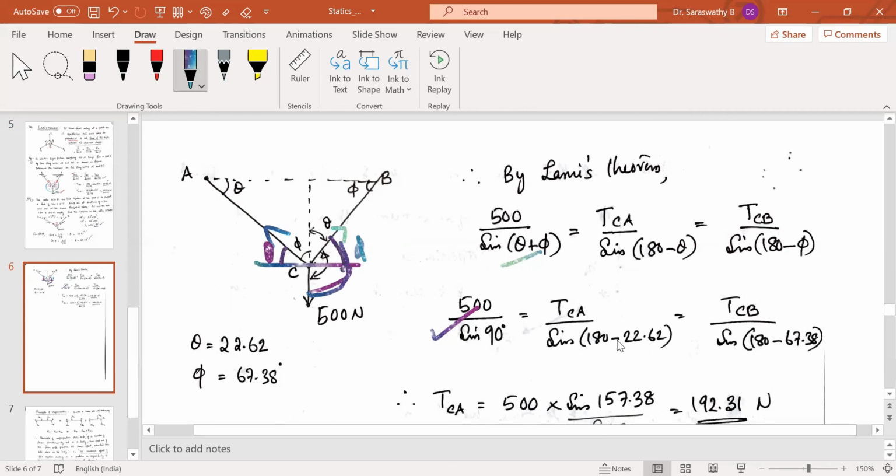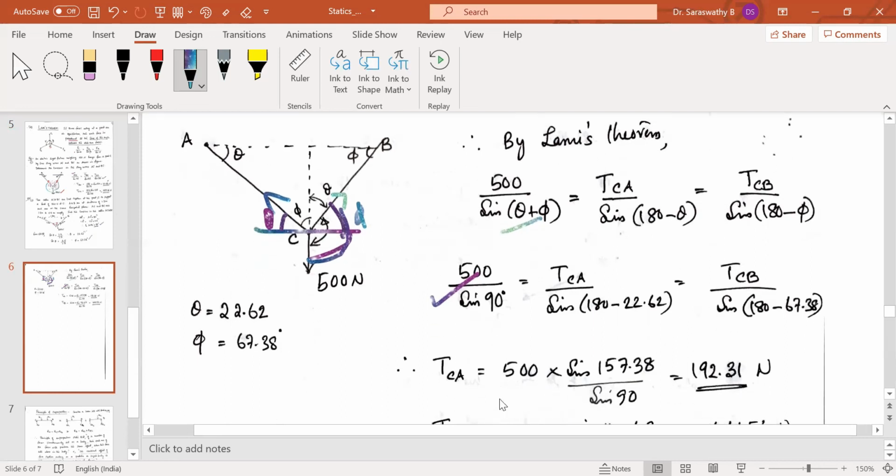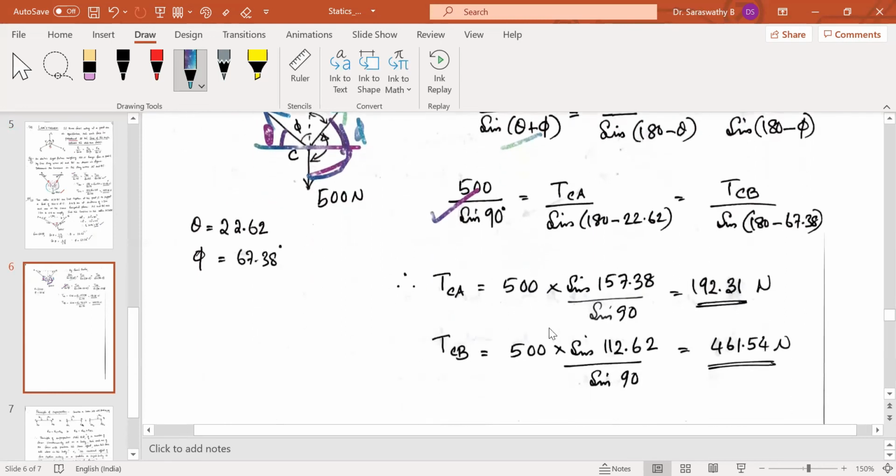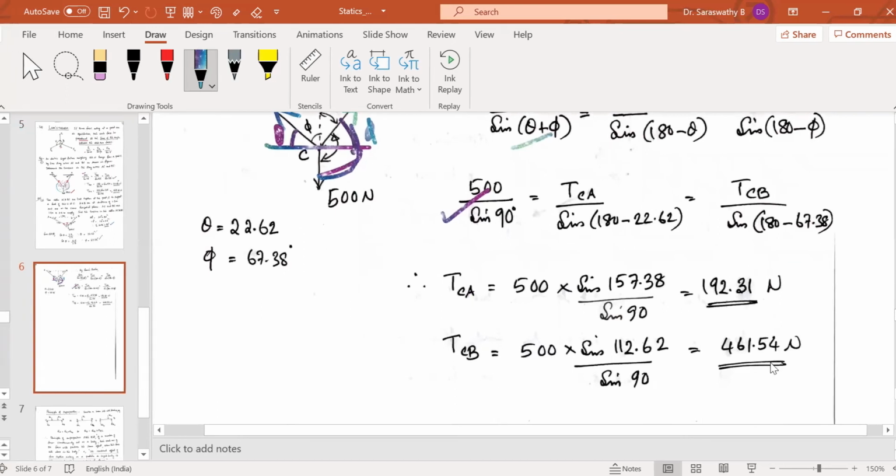It is also equal to sine of 90 plus phi. Either way, we get the same. Similarly, TCB divided by the sine of the remaining angle, 180 minus phi. So TCB by sine of 180 minus phi. Solving this, we'll get the tension in the two cables.